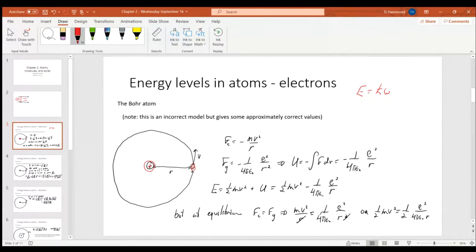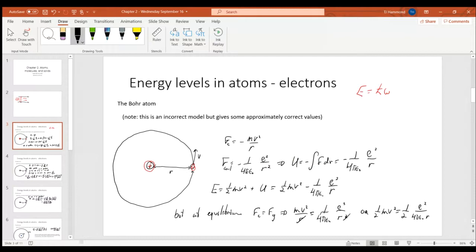And you would say that the centripetal force is going to be negative mv squared over r, and the thing that's supplying the centripetal force, well, I guess I have it as gravity, but that's because it's a planetary model. I guess I should actually say that this is Coulomb, so I'll call this Coulomb.